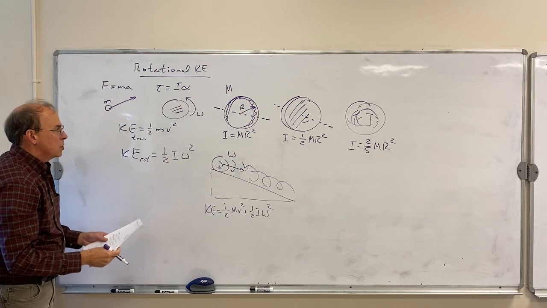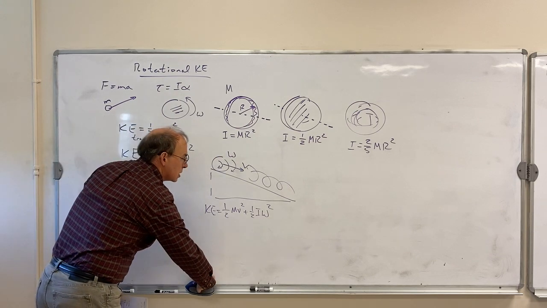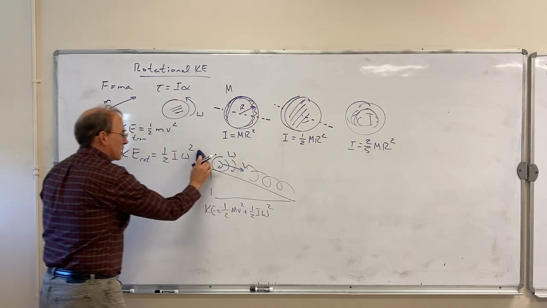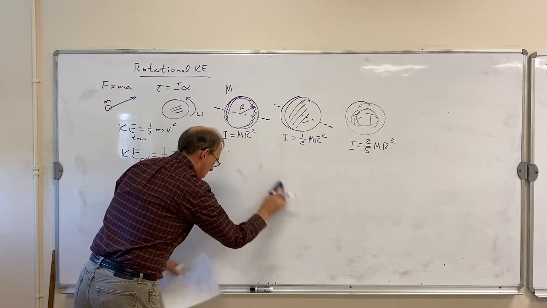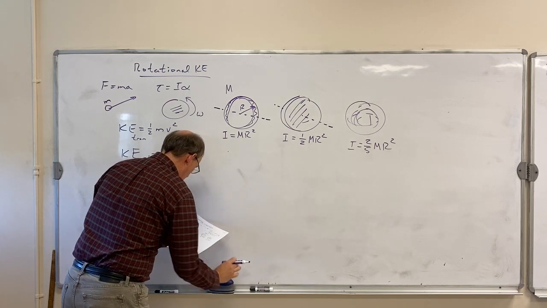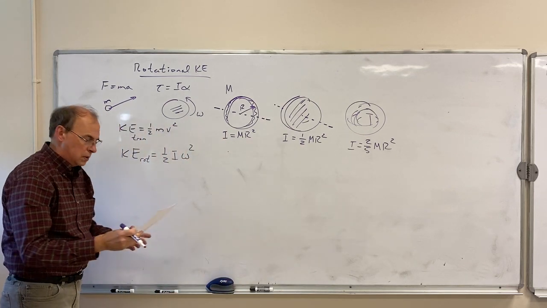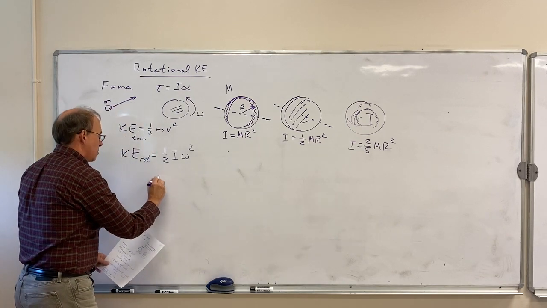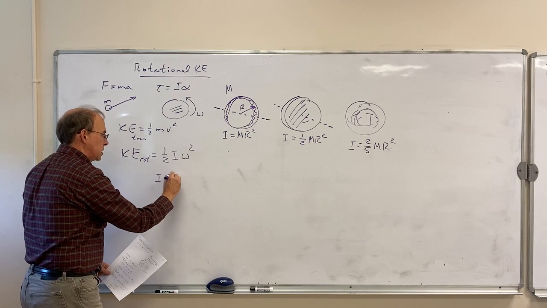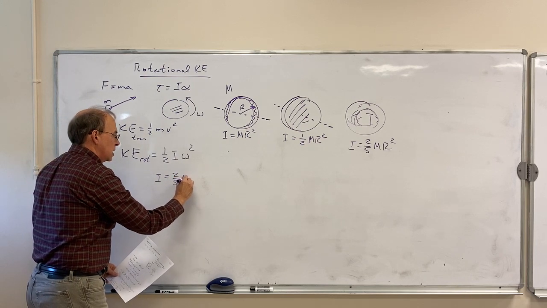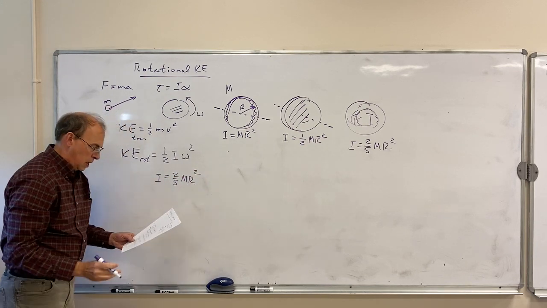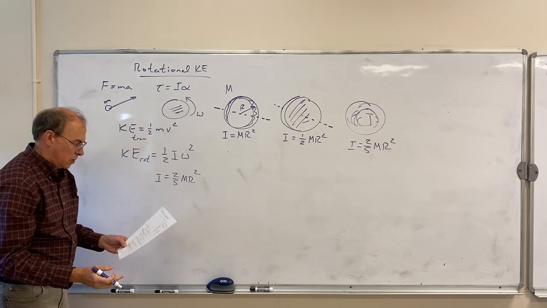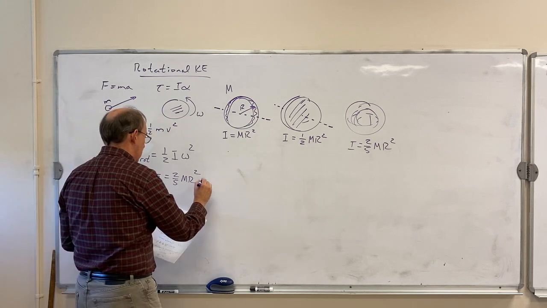So let me just do an example, just calculating an energy like this, a rotational energy of the Earth. So the Earth is a sphere, so its moment of inertia, if we look it up in a table, is 2/5 mr squared. So I looked up the mass of the Earth and the radius of the Earth.